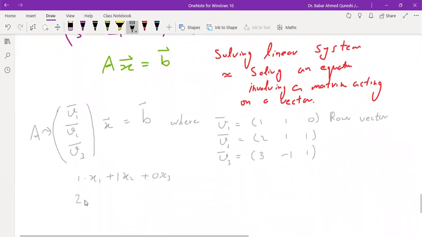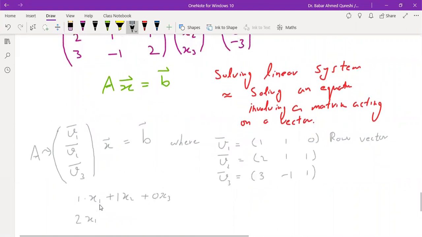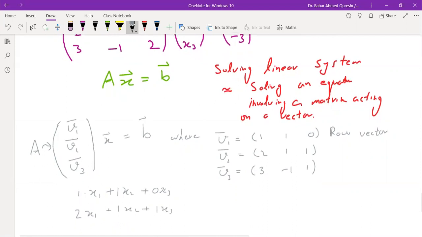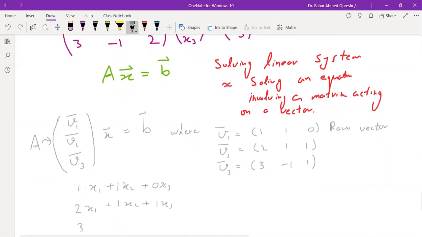Similarly, 2 with x1 plus 1 with x2 plus 1 with x3, and then 3 with x1 minus 1 with x2 plus 2 with x3.